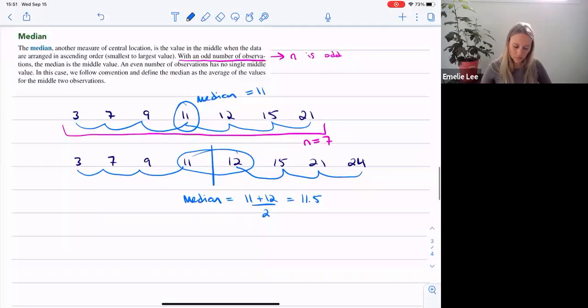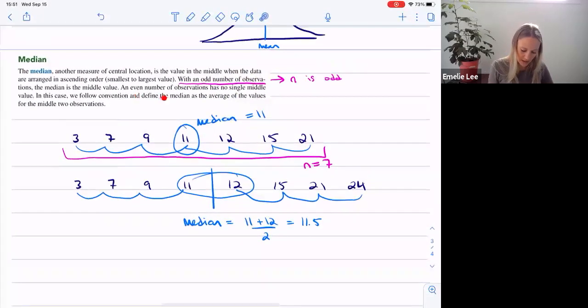An even number of observations has no single middle value, so that's when we circle both of them. In this case, we follow convention and define the median as the average of the values for the middle 2 observations. Okay, and so that's how you find it.